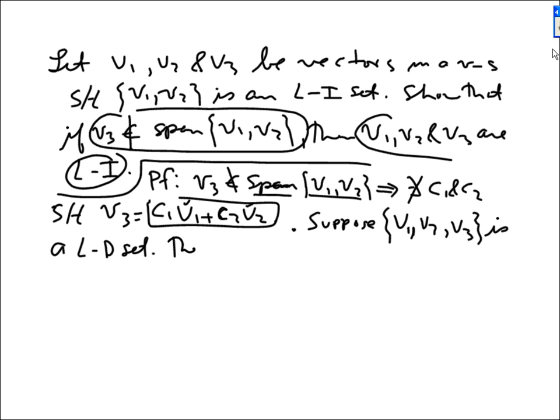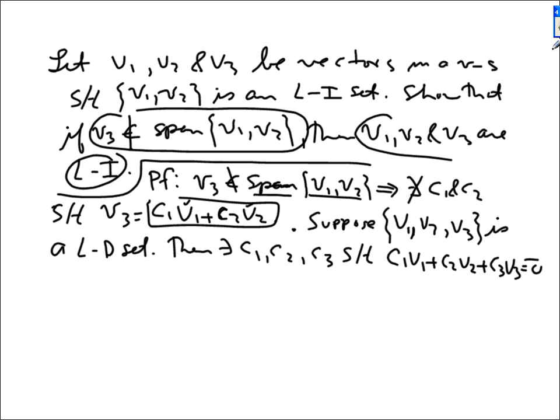Okay. Then there are C1, C2, C3 such that C1 V1 plus C2 V2 plus C3 V3 equals the zero vector, and not all Ci's equal 0.